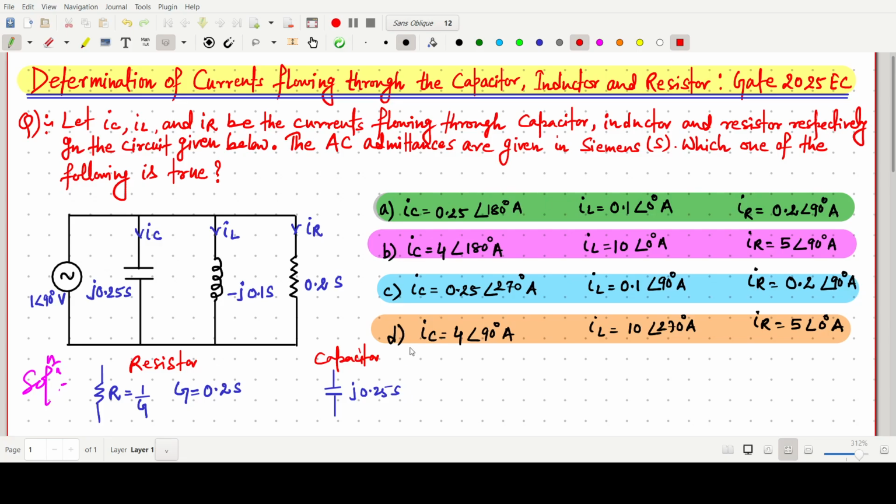So this value is nothing but simply we can write as 0 plus j0.25 S. Real part is 0, imaginary part is 0.25, and it is in Siemens.